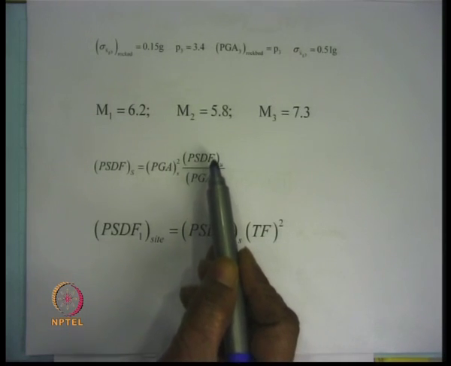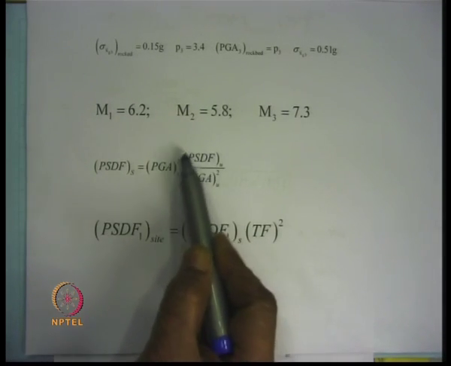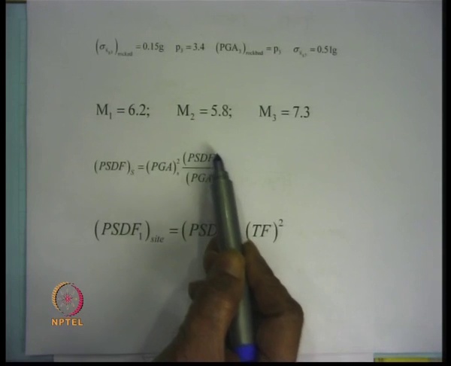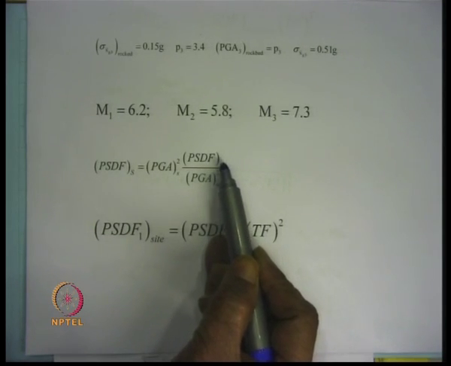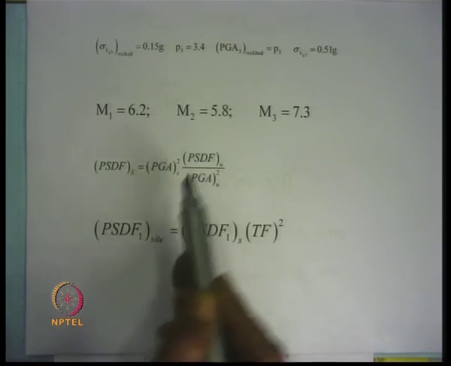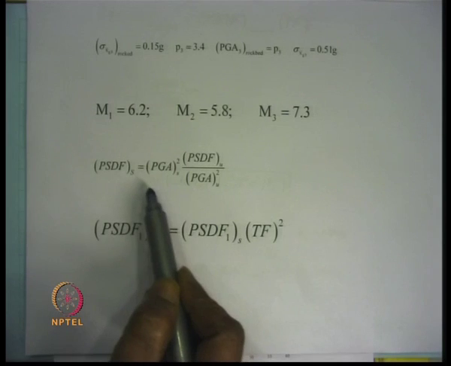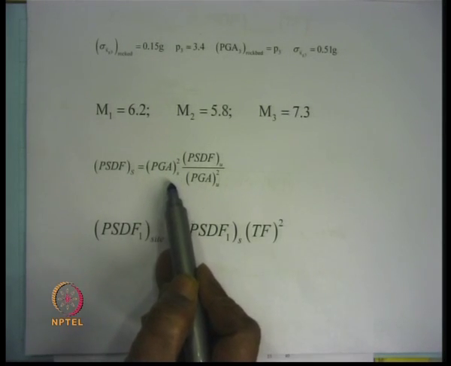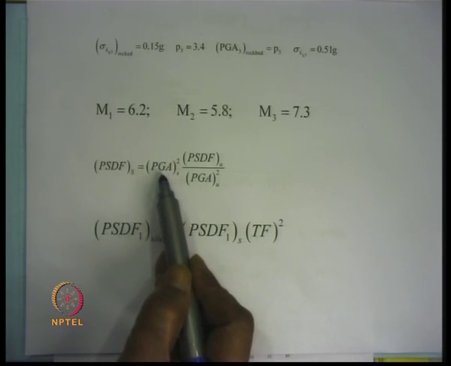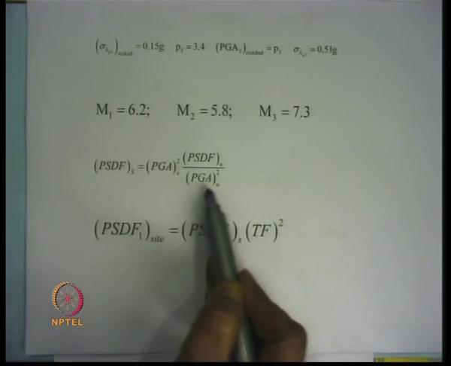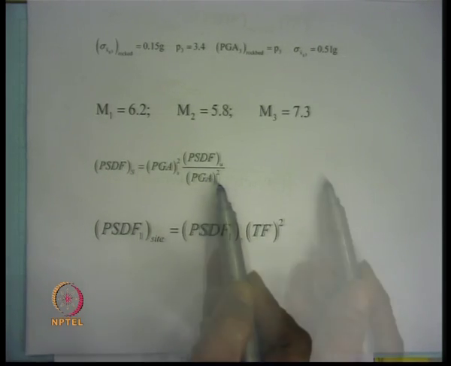This is the unmodified power spectral density function of the ground acceleration at any particular location, say location 1 at the rock bed level, and that is now multiplied by PGA square of the site, that is the PGA that we obtain for the site for which you want to draw the site specific spectrum, and divided by the peak ground acceleration for that particular location.